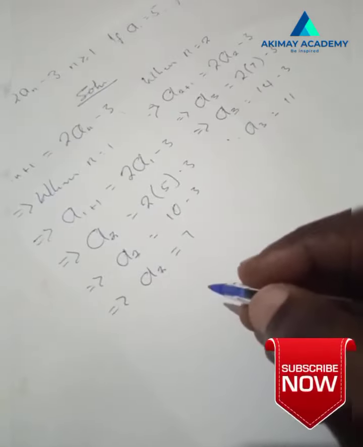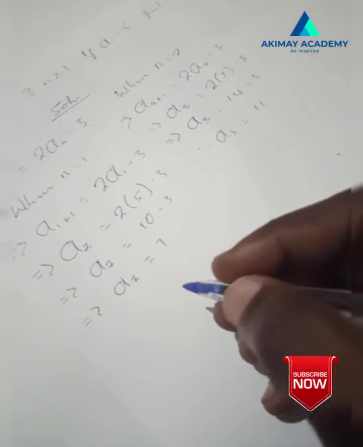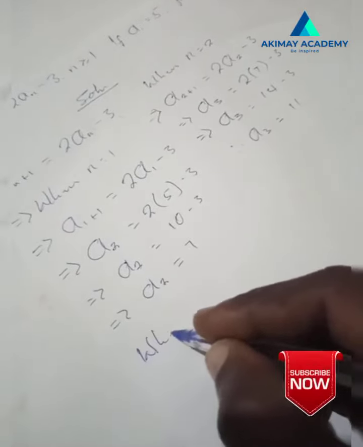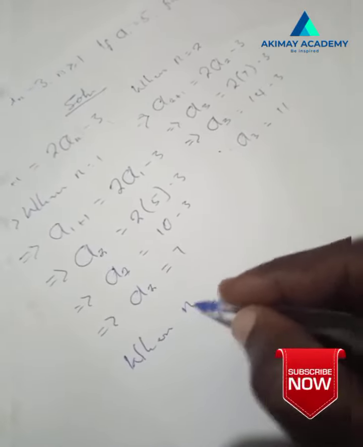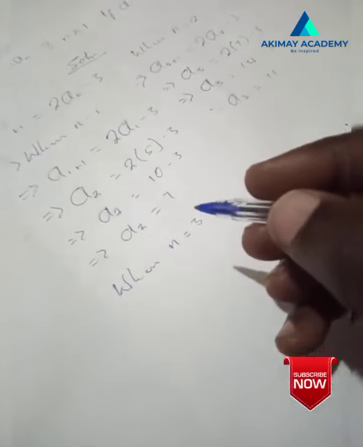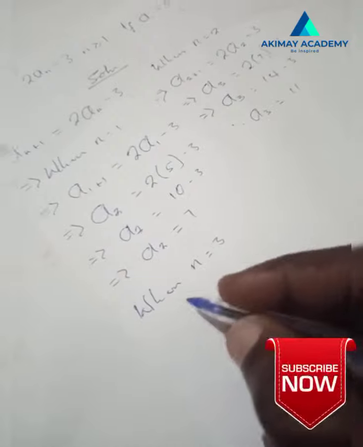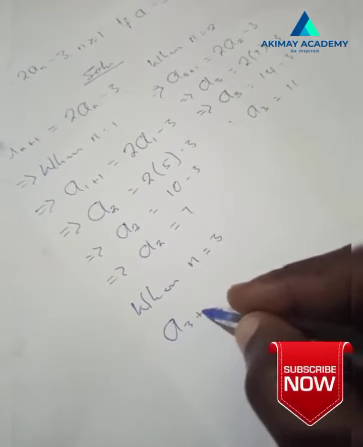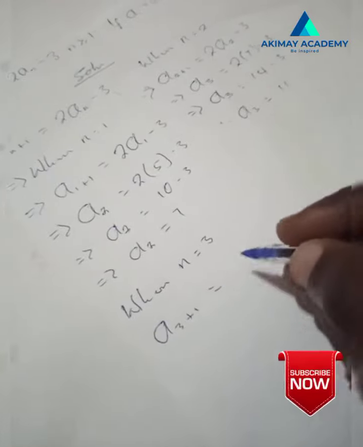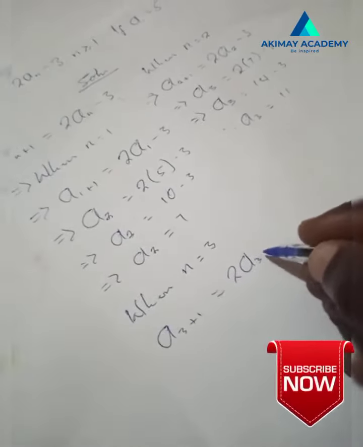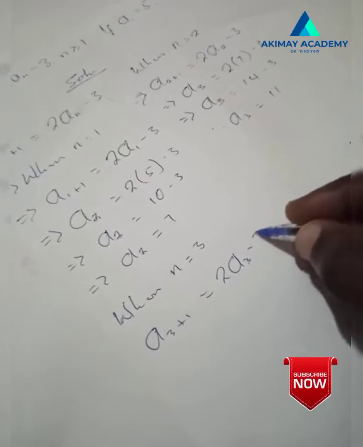Let's find our a subscript 4. They say we should find a subscript 4. So when n equals 3, then we have a subscript 3 plus 1 equals 2 a subscript 3 minus 3.